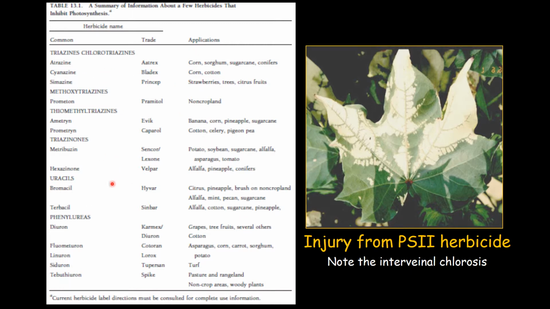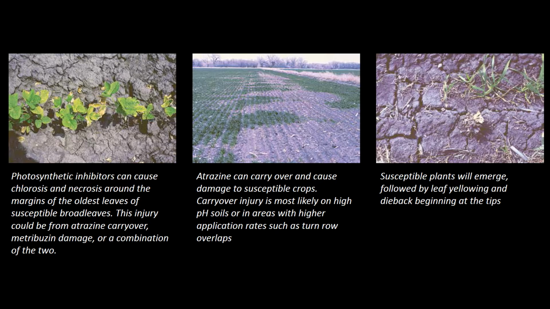So look at this table and look at the information. These herbicides in general cause gradual chlorosis in plants. So pause this video to look at the description on the symptoms and on the injuries.